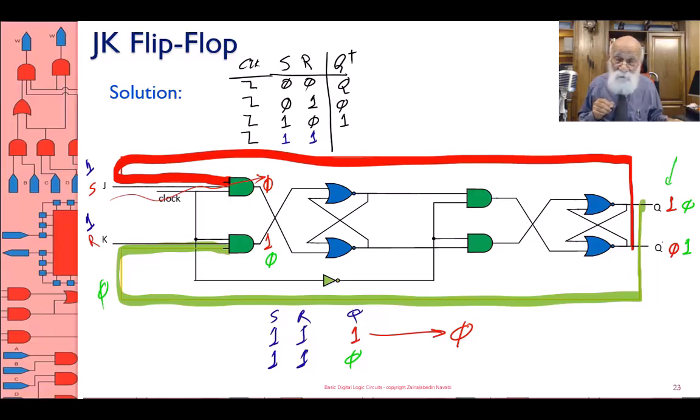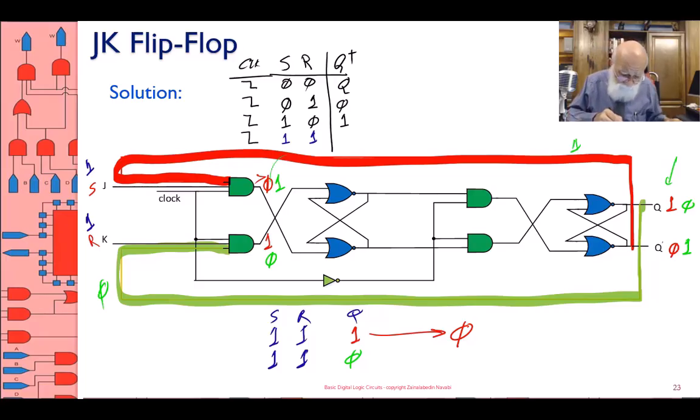How about the 1 on the set input? With the 1 on the set input, nobody is preventing it from going forward because the red line now is a 1. The red line is 1 because it's coming from Q bar. And therefore, the blue one on the set input propagates into this input here.